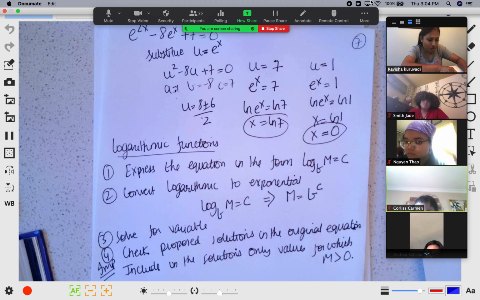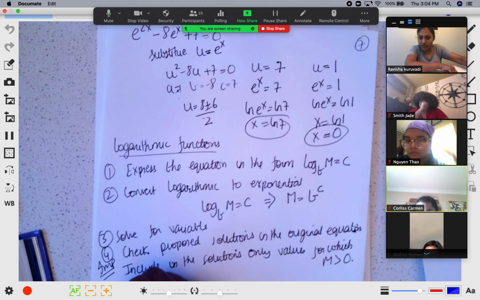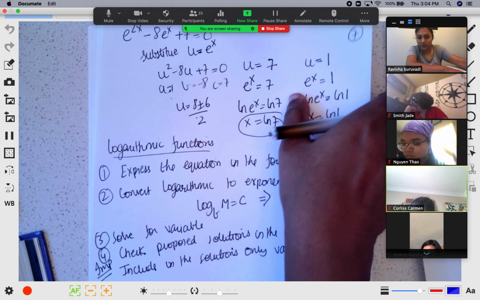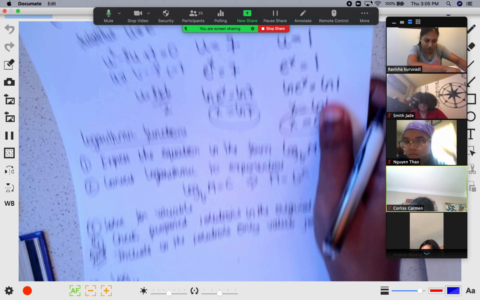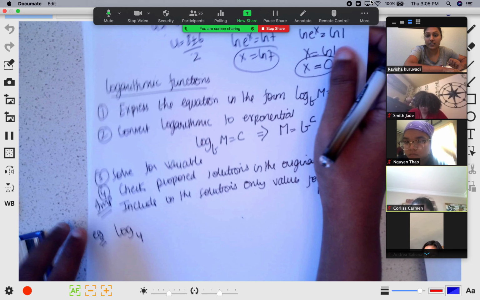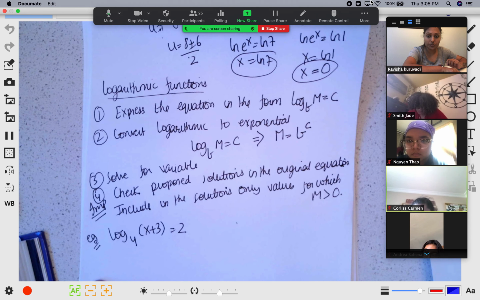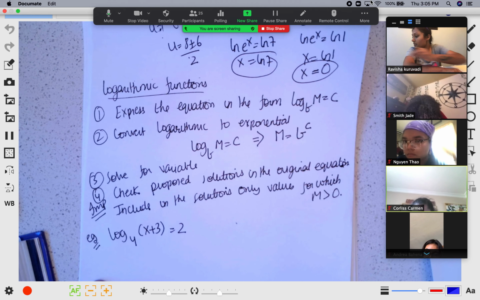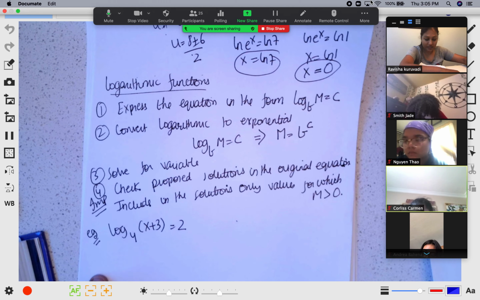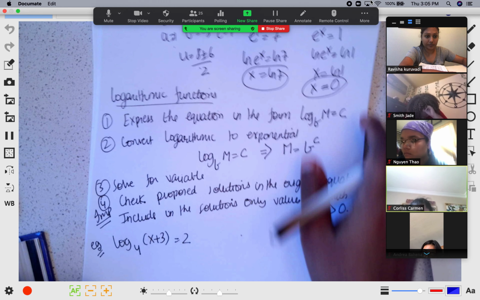Example, you're given log 4 of x plus 3 is equal to 2. You need to solve this one.